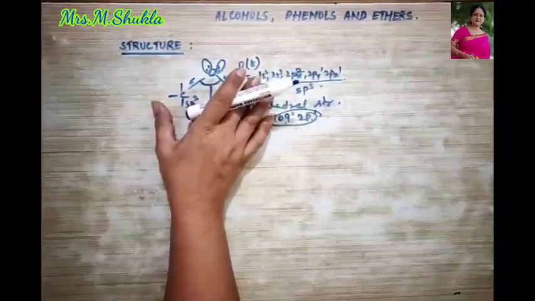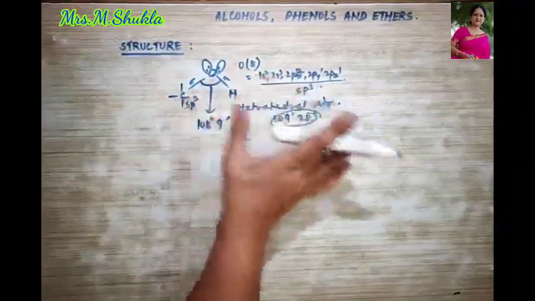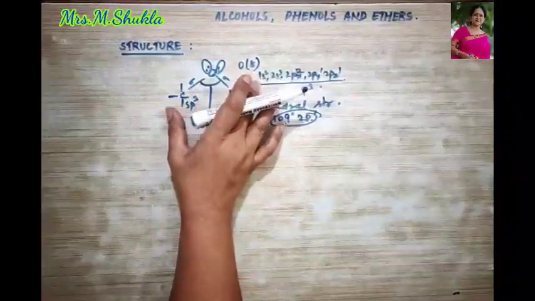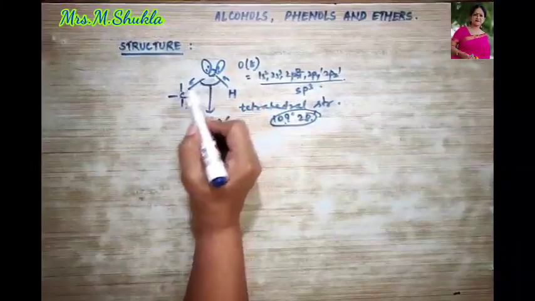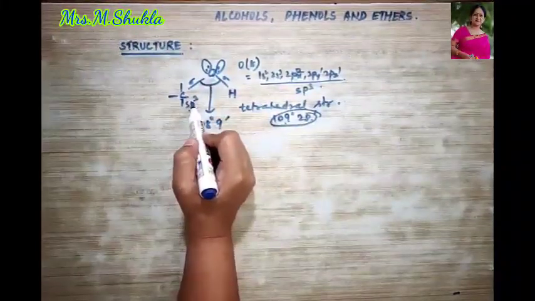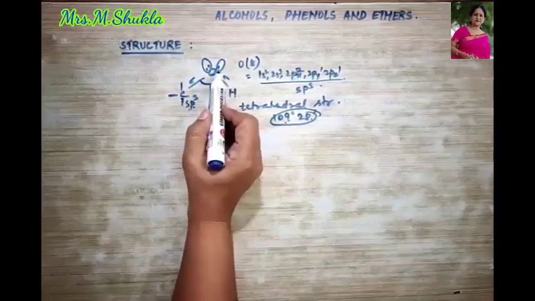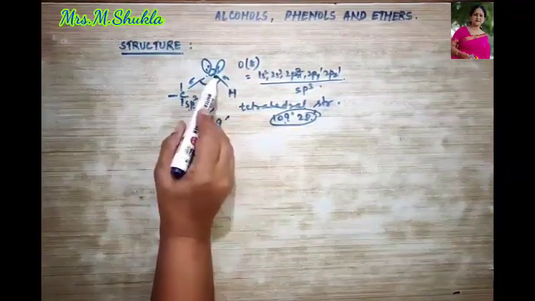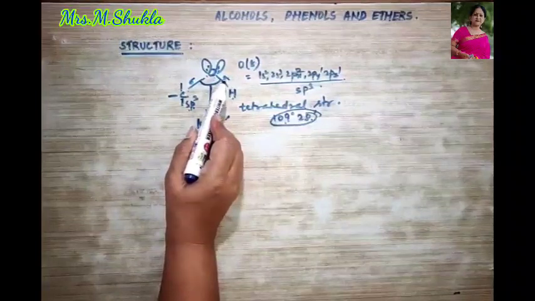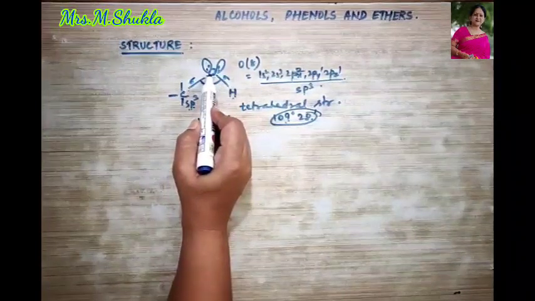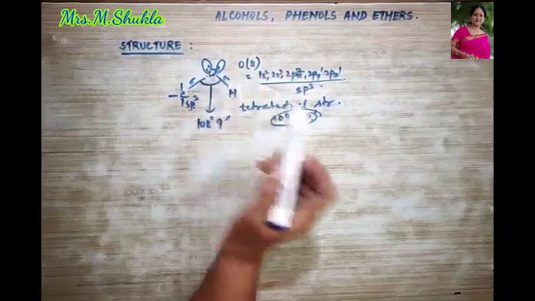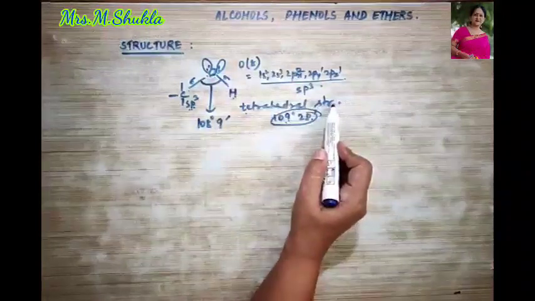So I hope the structure of alcohol is clear to you. What did we discuss over here? That oxygen is attached to carbon with sp3 hybridization, and with a sigma bond to hydrogen also, and oxygen also has sp3 hybridization, and therefore it shows a tetrahedral structure.